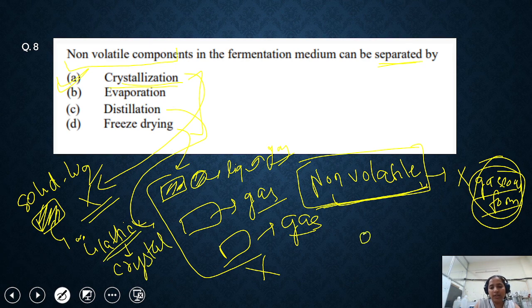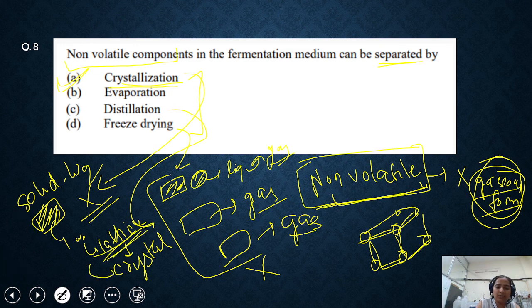The arrangement that you might have studied in your chemistry in 11th and 12th level. We define face-centered cubic, cubic, and all these things, which define the lattice of the component that finally forms in crystal form. So for this non-volatile component, you will use the crystallization method.